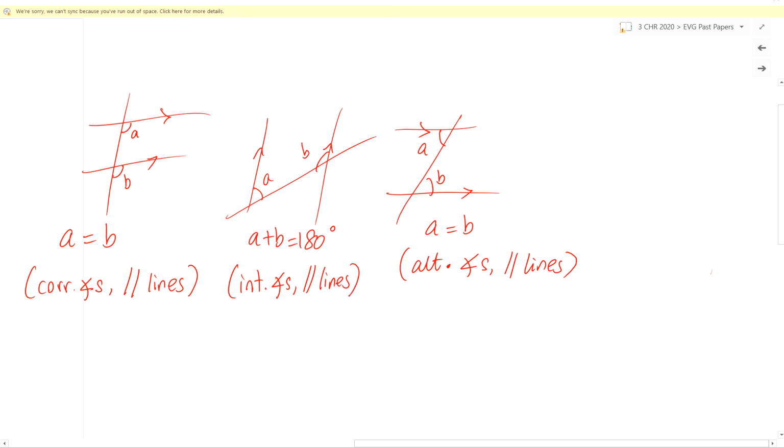So when we do angle questions, we look out for these three shapes: the letter F, the letter U, the letter Z. Once you can identify these three letters, we know the relationships. Corresponding angles, these two are the same. Interior angles, these two add up to 180. Alternate angles, they are the same.